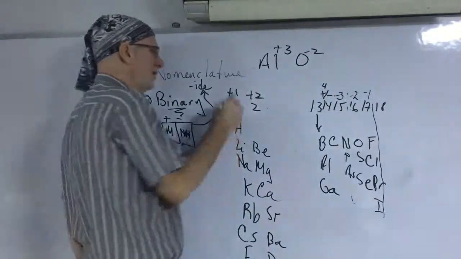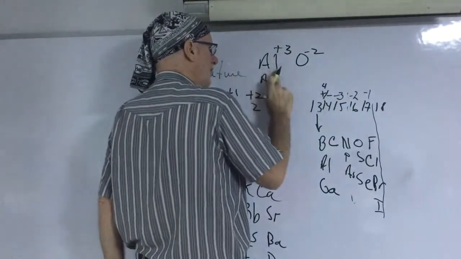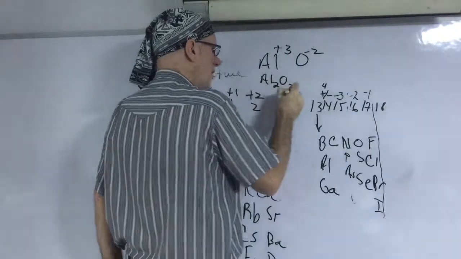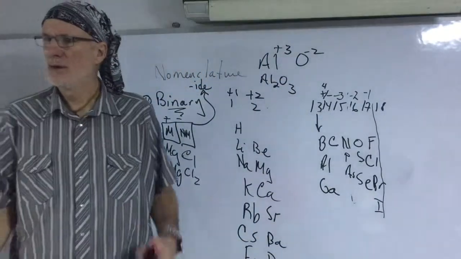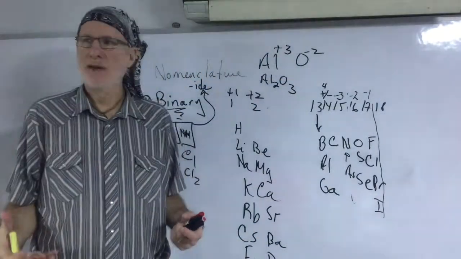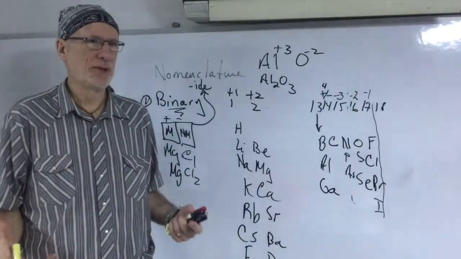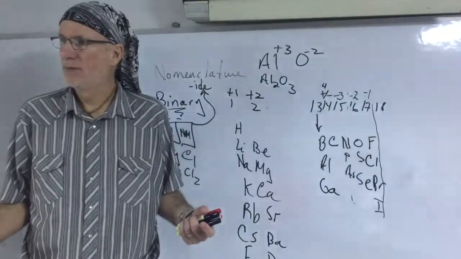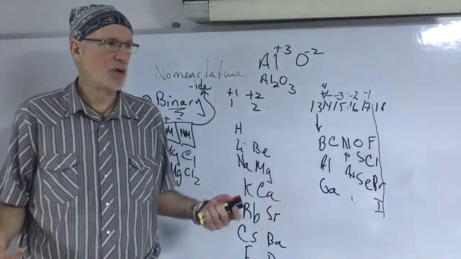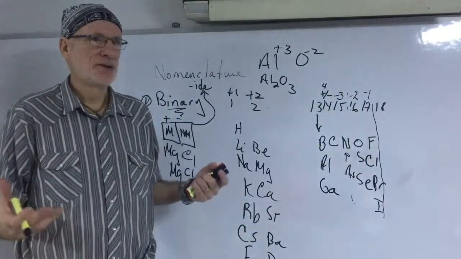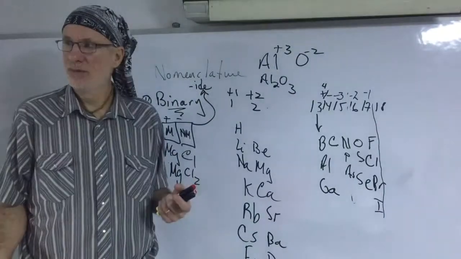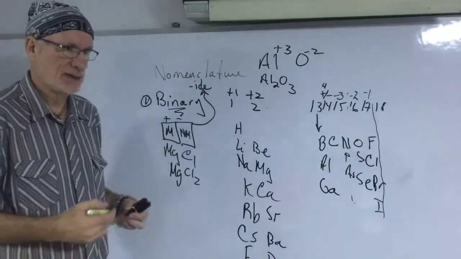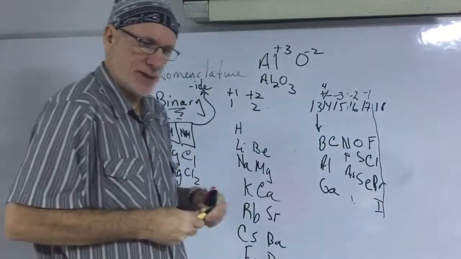Yeah, very good. Al2O3, right? So the best combination, you know what lowest common multiple is, right? Least common multiple. So it's going to be 6, right? What does both go into evenly? So it's going to be Al2O3, right? Okay.